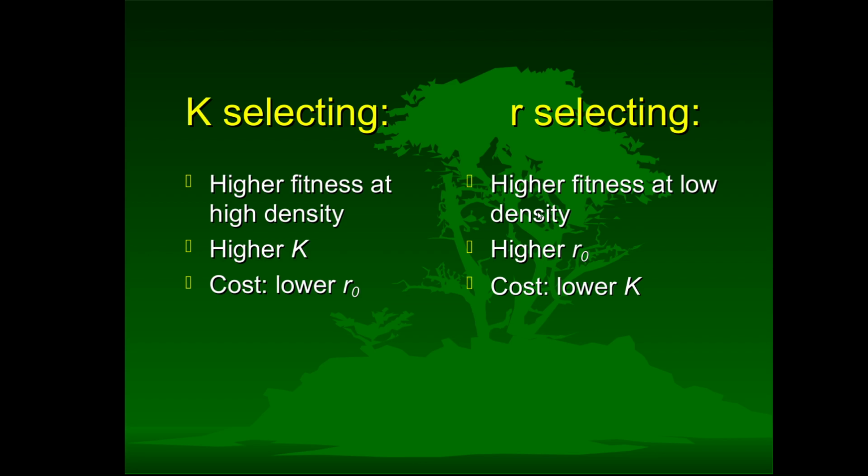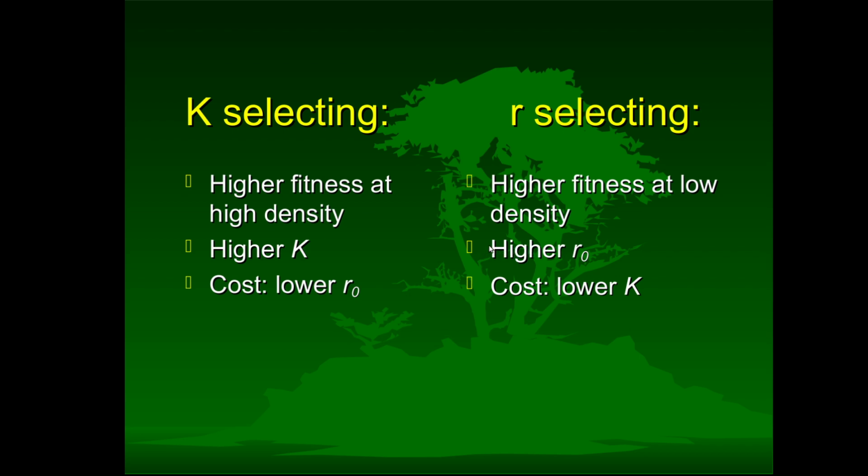And at the other extreme, we have R-selecting habitats and species. In this case, populations are kept at low density, far from carrying capacity, by density independent factors such as storms, damaging wave action, and therefore they evolved to maximize their fitness at low density, which is done by increasing R at low density, which means increasing R0, the intrinsic rate of increase.